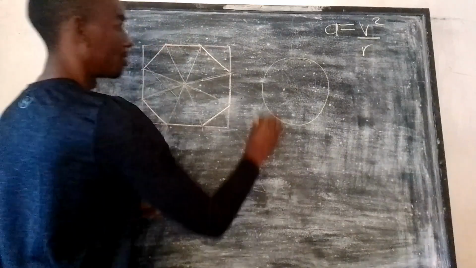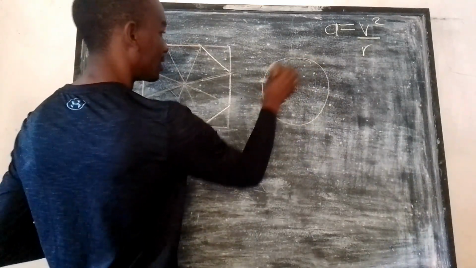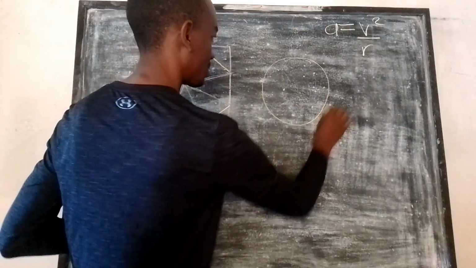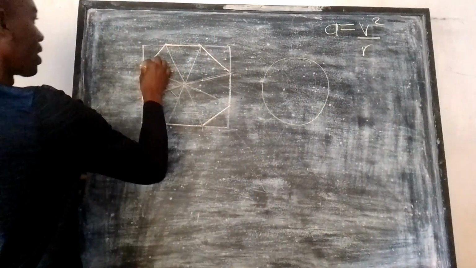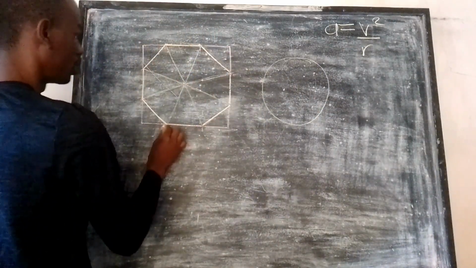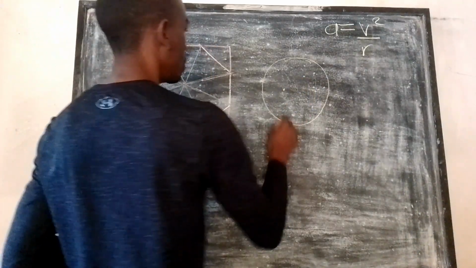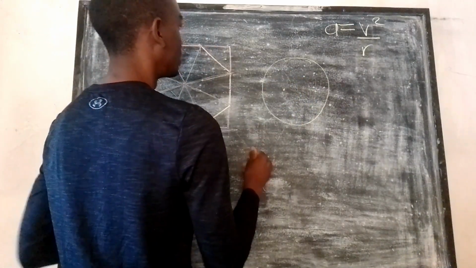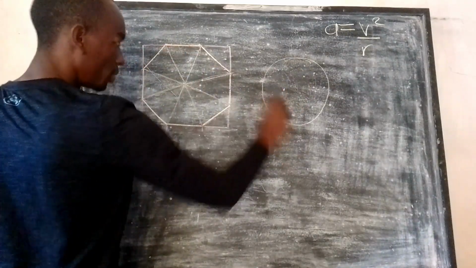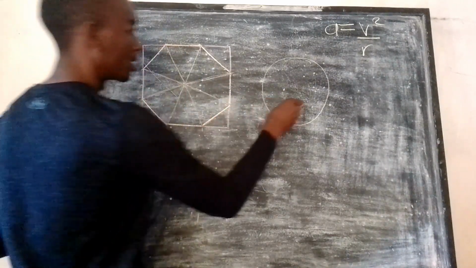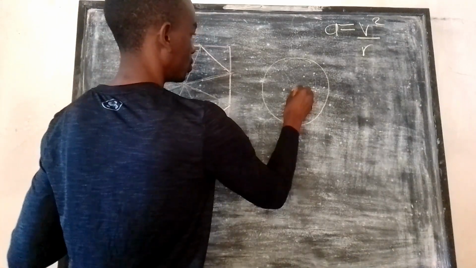It's not something perfect with a curved circumference, but it's something more like this. So if you're looking at this particular shape, you have multiple triangles making up what you would call your circle.